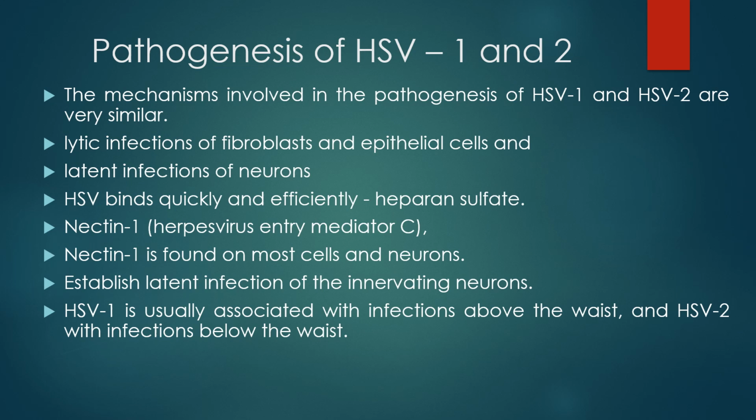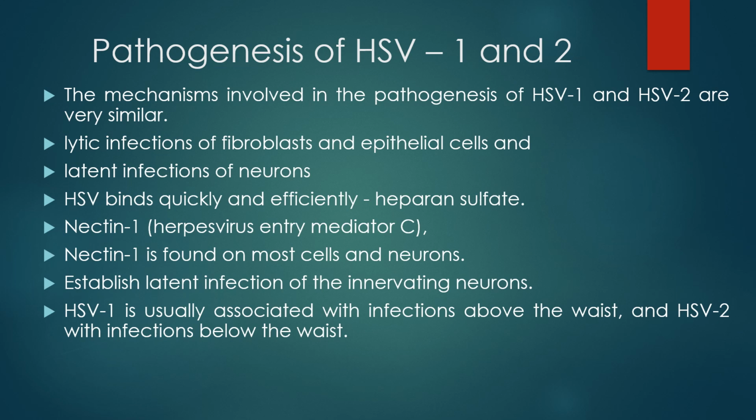HSV viruses bind quickly and efficiently to cells through an initial interaction with heparan sulfate, a proteoglycan found on the outside of many cell types, and then through a tighter interaction with receptor proteins at the cell surface. Penetration into the cell requires interaction with nectin-1, that is herpes virus entry mediator type C, an intercellular adhesion molecule that is a member of the immunoglobulin protein family and similar to the poliovirus receptor.